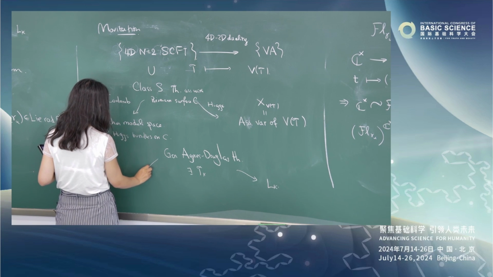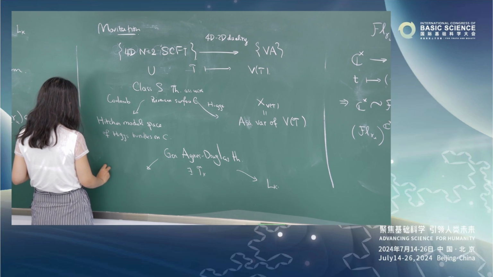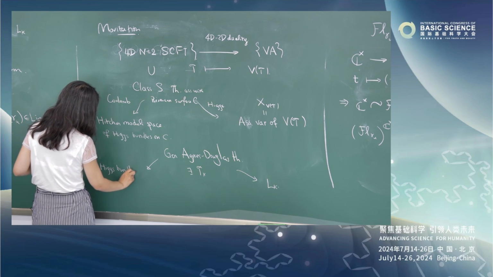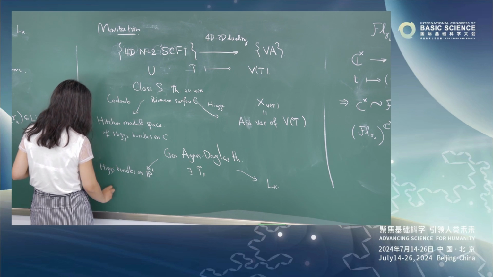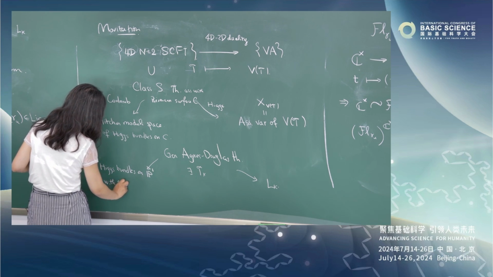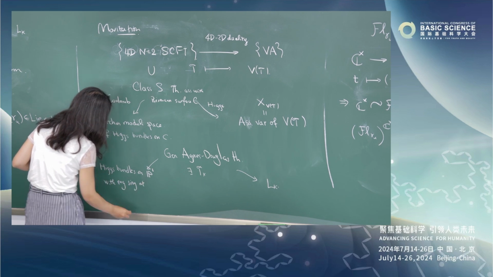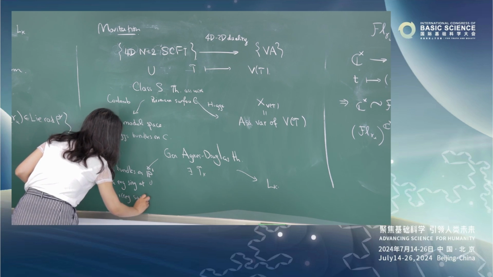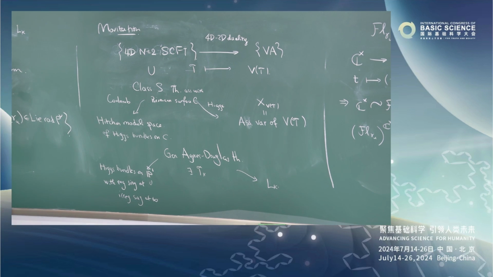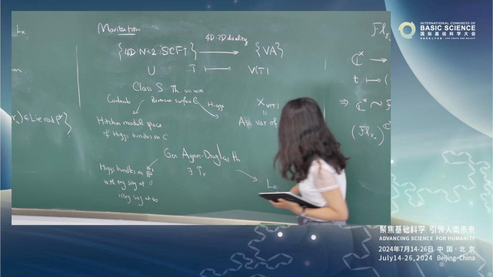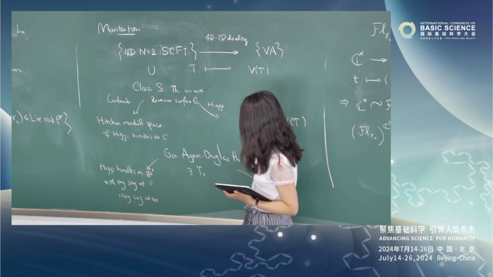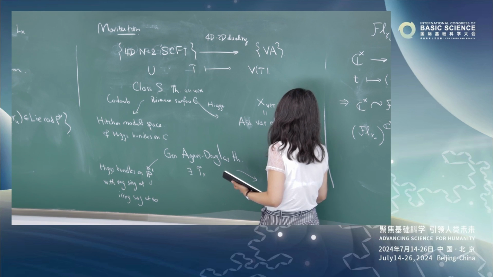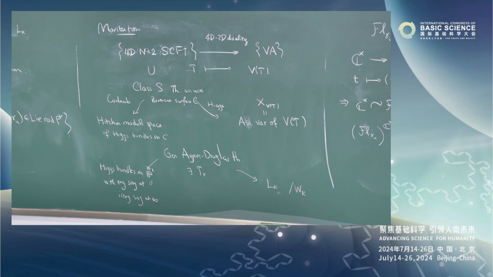Here it can be more precise: this is a moduli space of Higgs bundles on P1 with a regular singularity at 0 and an irregular singularity at infinity. The order of the irregular singularity has to do with this kappa here. And for the regular singularity, you can also attach a nilpotent class. So this can be L_kappa or W-algebras associated with L_kappa.